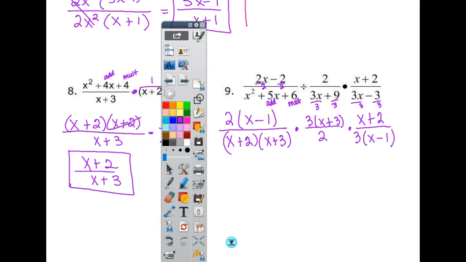Okay, now the fun begins. Okay, let's start canceling out. x minus 1, does he have a buddy? Yes, and the buddy has to be on the bottom. Okay, top, bottom. Okay, can't be x minus 1 side by side. Okay. x plus 3, is there a buddy? Yep. Come on, pen.